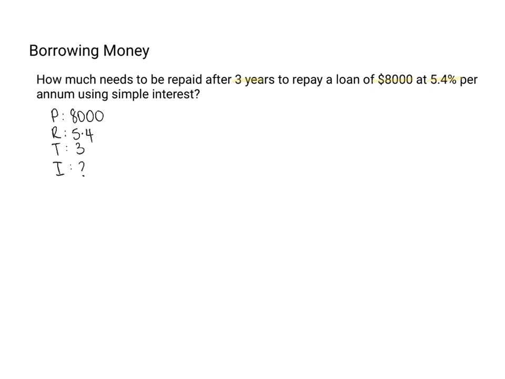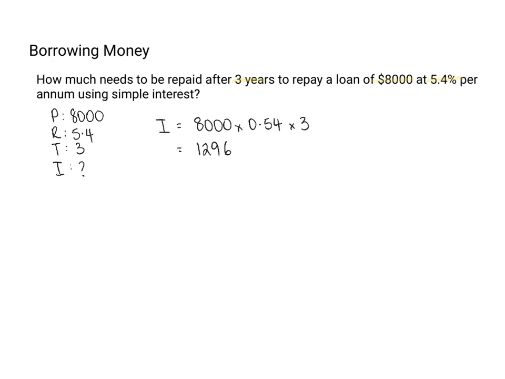So the principal is the $8,000, the rate is the 5.4, and the time is 3 years. So we start our simple interest formula, which is going to be interest equals the 8,000 multiplied by 0.054, which is the rate as a decimal, times 3, and that's going to give us an interest of 1,296. Now, that's the interest that would be charged, assuming this person's made no repayments over the time or taken out any additional loan.